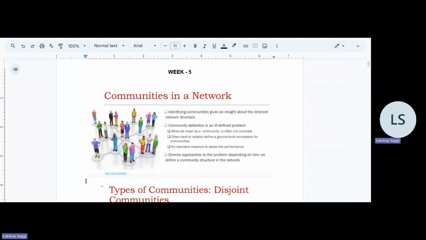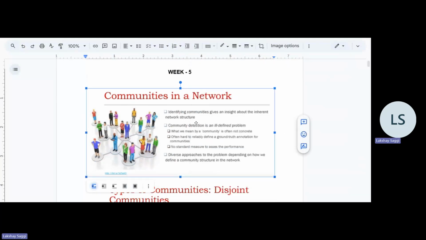Community detection by definition is an ill-defined problem because what we mean by a community is not mathematically concrete. Right now we are just saying heuristically that if some people like this thing then they form a community, if some people like other things then they form a community, and so on.